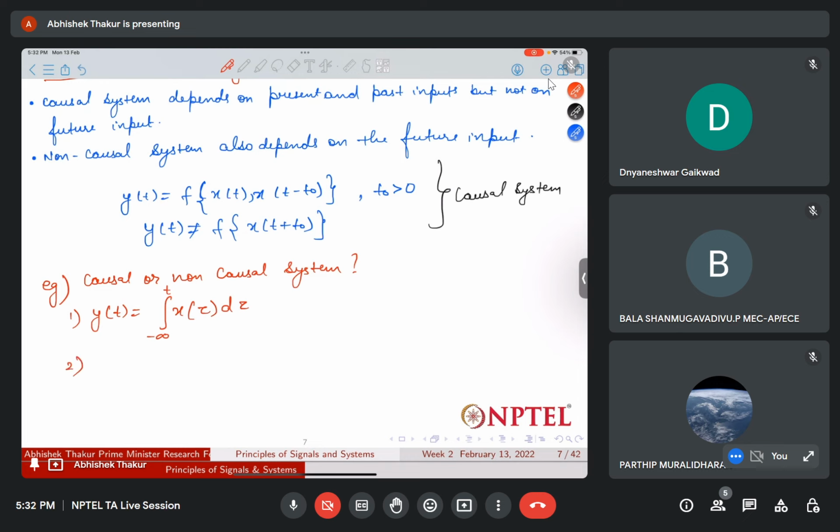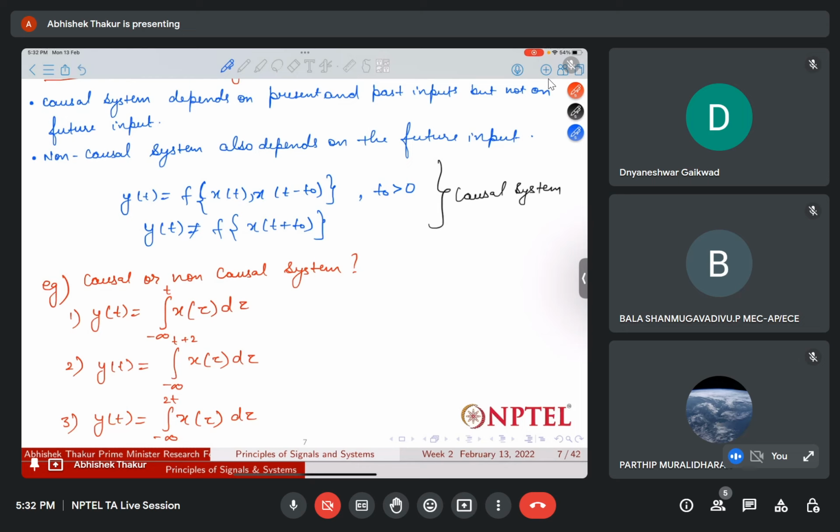You can comment in the chat box also if you are not comfortable speaking up. The second is where the limit of integration is changed from minus infinity to t plus 2 of x(tau) d tau. And the third one is y(t) is equal to the integration from minus infinity to 2t of x(tau) d tau. Can you please tell me whether the system is causal or non-causal?